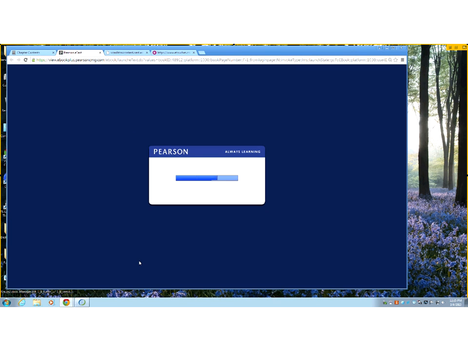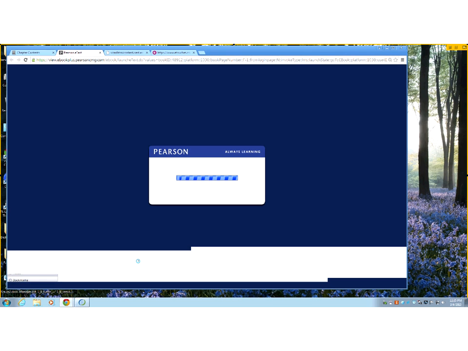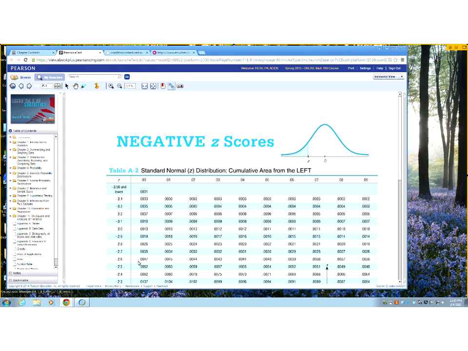Then what comes up are those tables, and I would suggest that you print them out. For the midterm, I will provide you with a clean set of tables. But for your own copy, for doing the homework, you should copy these, because sometimes this ebook doesn't come up right away. So that's where we ended up getting these tables.